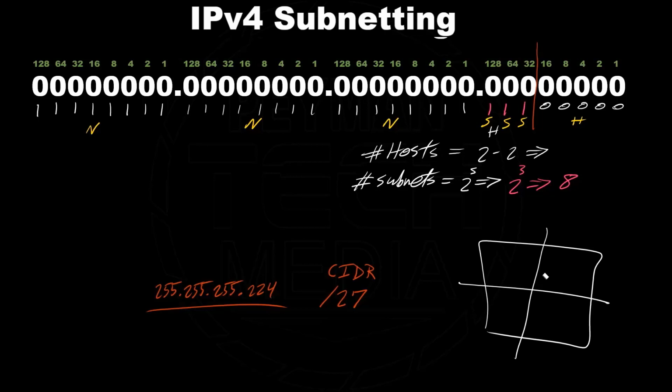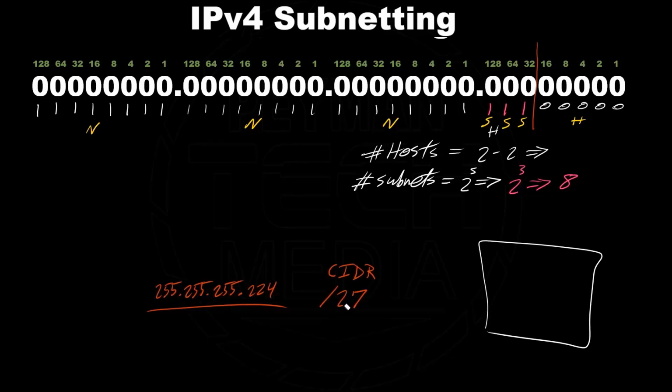So in other words, originally we had a default subnet mask class C, 255.255.255.0, that gave us 254 available IP addresses per network, right? Like this big box with 254. But right now, using this CIDR notation /27, this is subnetting.